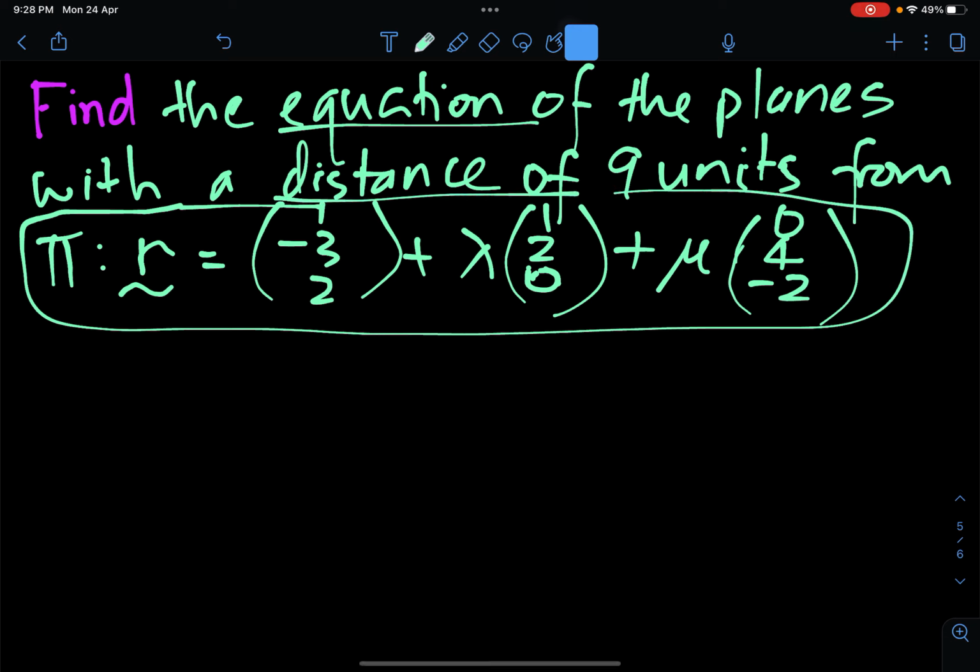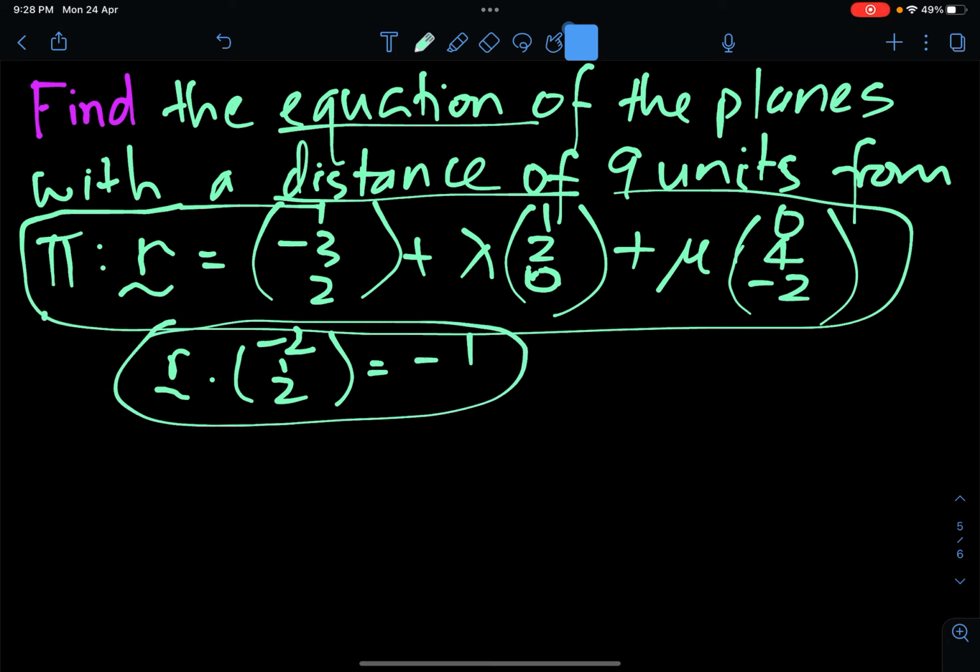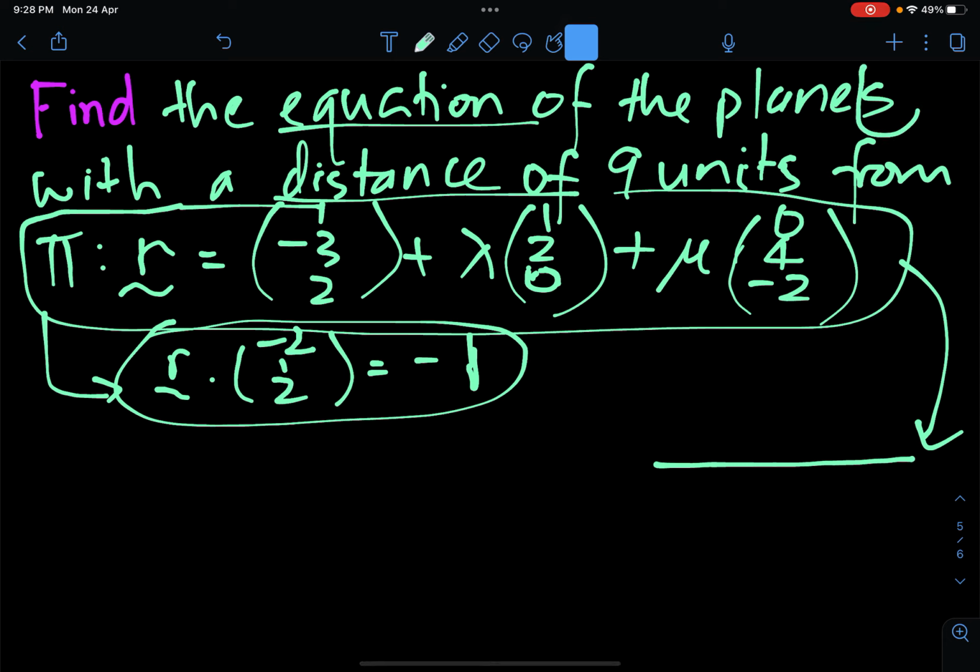This plane was the one that we converted into the r dot n format, r dot (-2, 1, 2) equals -1, in the previous slide. Now we want to find the equation of the planes with a distance of 9 units from this plane. I'm going to draw the side view of the plane. Why does it say planes?